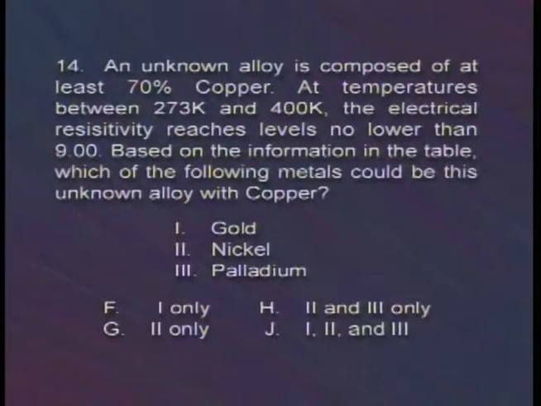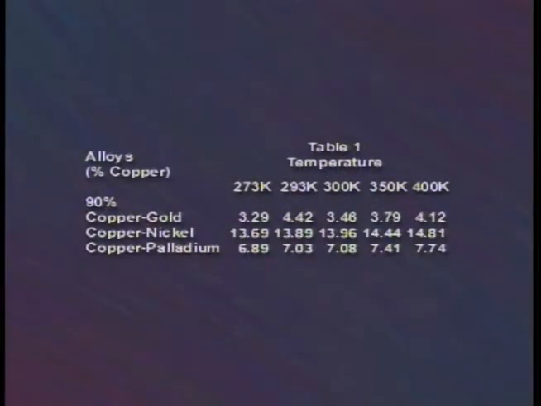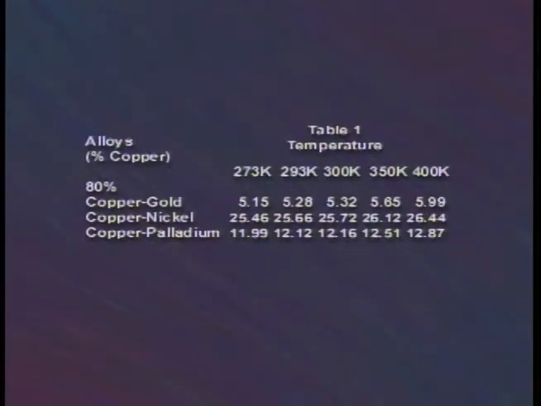Let's look at alloys of copper and gold first. From the table, it appears that the values of electrical resistivity for gold are never higher than 7.99. Thus, this unknown alloy cannot be gold, and we can eliminate Roman numeral 1. Thus, answer options F and J won't work.